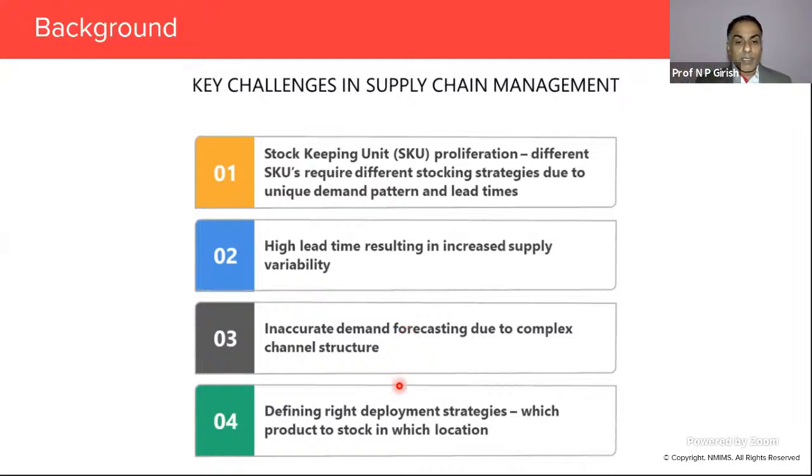And the next point is about the right deployment strategies with the product and where to keep the stocking location, how much to keep. Should we really plan for more stock, less stock, which location to keep stock in? Those things are the other challenges. It's about the last point that we probably will be covering a bit of in our discussion today, that is, the network optimization, etc.